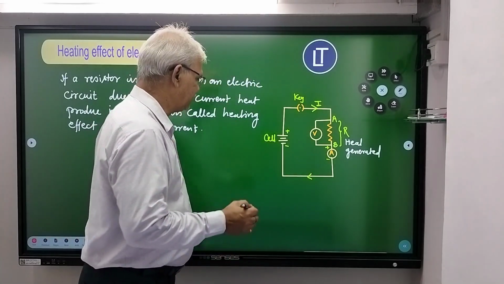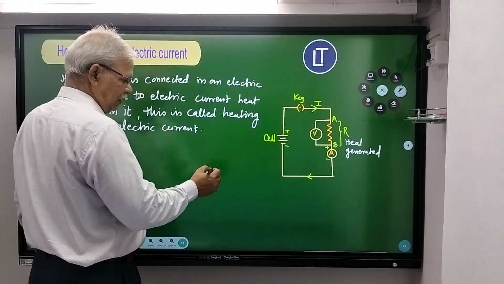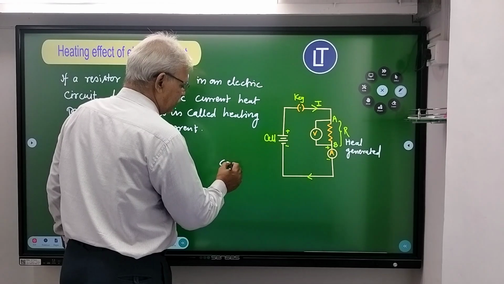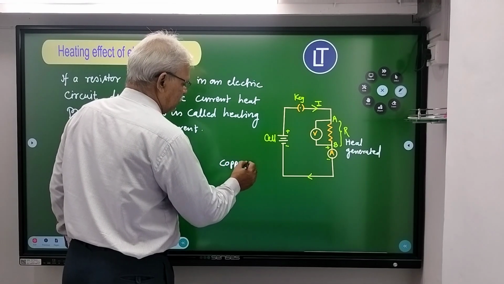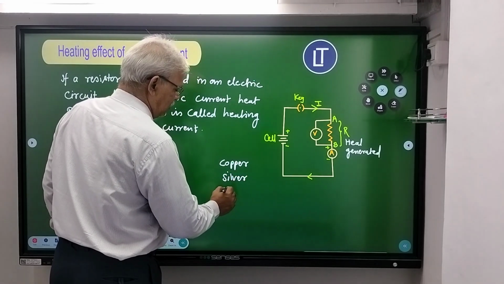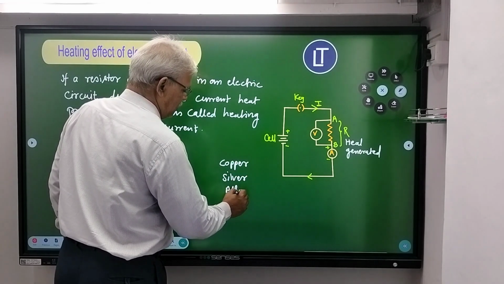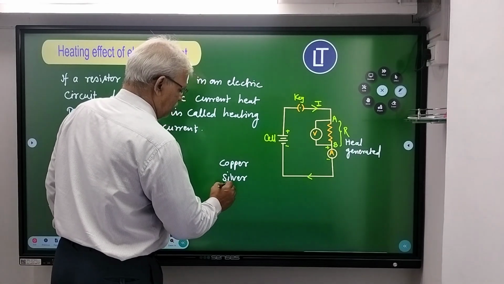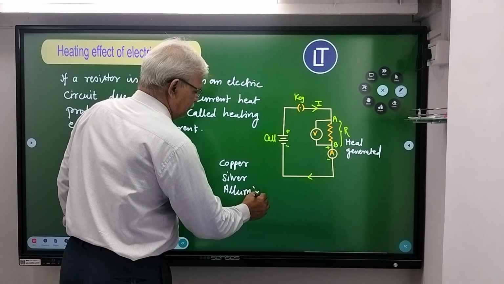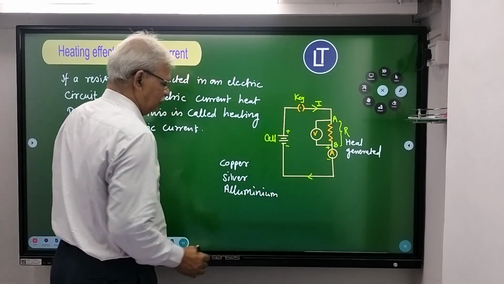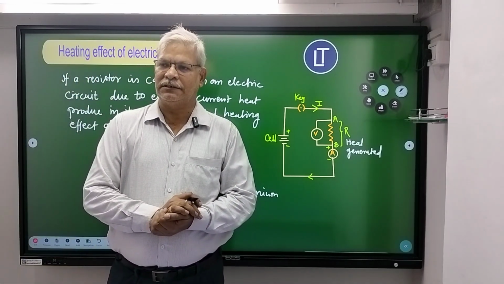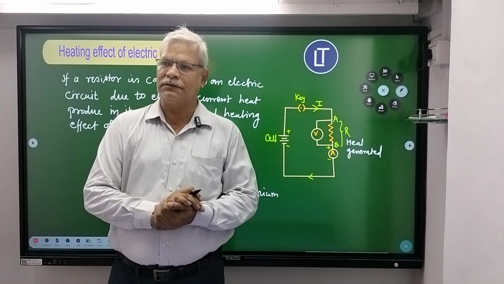But now see here, conductors like copper, silver, aluminium have less resistance, or their resistivity is less.